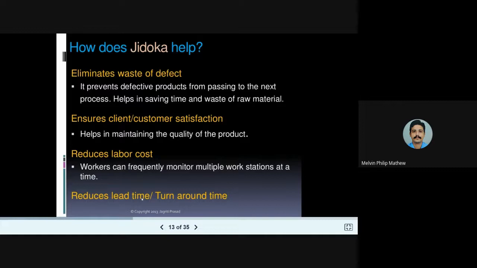The products produced will be higher when compared to the human production process. Under the automation technique, the robotic arms or robotic equipments will produce the products at a faster rate. Okay, so that helps in reducing lead time.